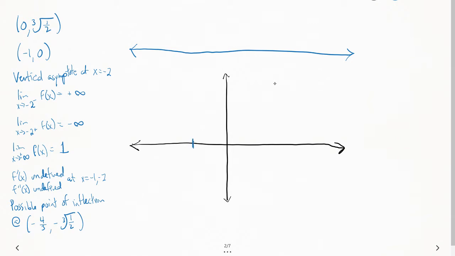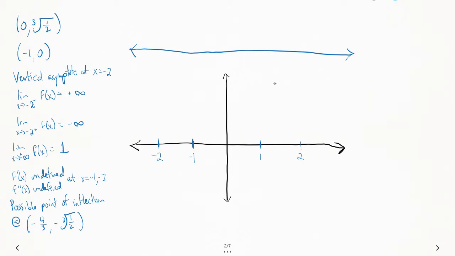Granted, there's going to be a lot more stuff to the left, so I don't need to jam a whole bunch of stuff in here. And so just to keep the spacing somewhat nice, we'll go negative 1 and negative 2 here. And so that means we'll put 1 here and 2 here, and then you can continue on out forever and ever as need be.